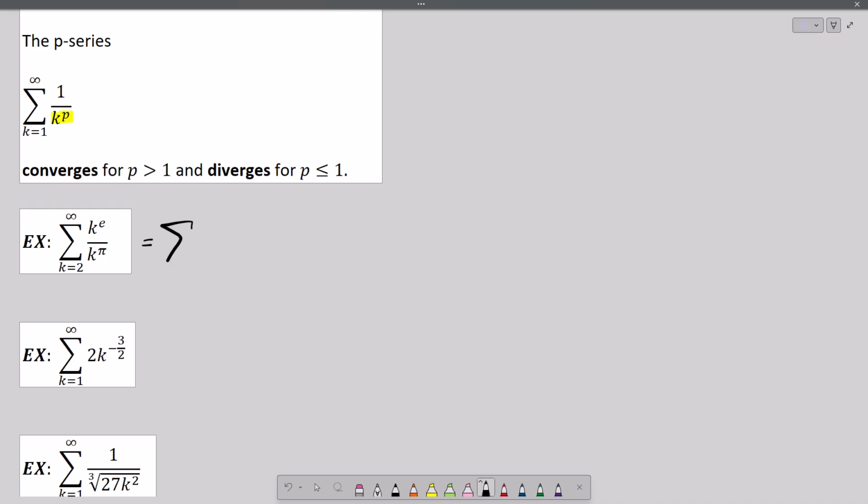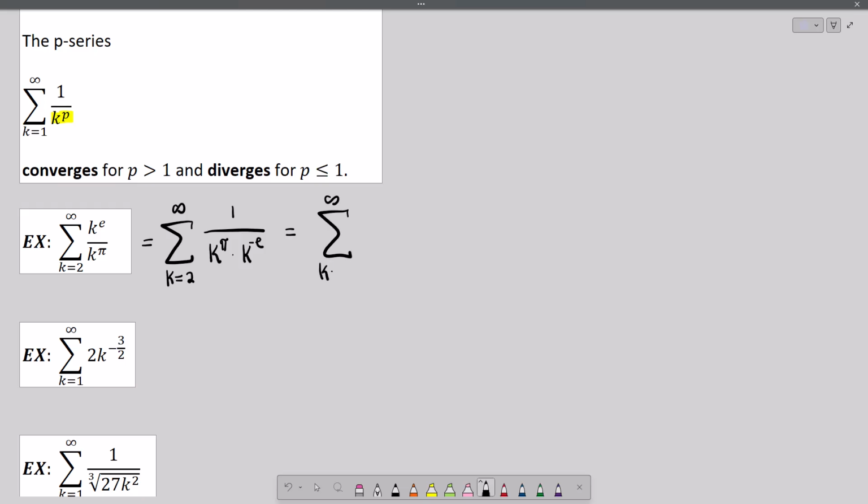We want to push that power in the numerator into the denominator. We'll do it one step at a time just to make sure it's clear. If you move something to the other part of the fraction, you just toggle the sign of the exponent, changing it from positive to negative or vice versa. Now these can be combined using laws of exponents.